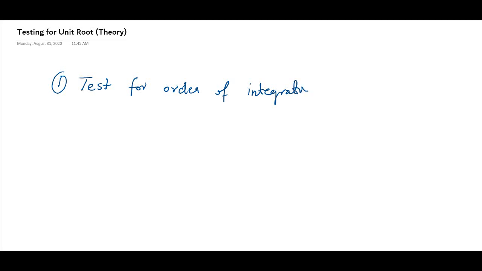When we want to test for the order of integration, we follow basically three steps. Let me call the first one step A. In the first step, we test yt to see if it is stationary, and if it is stationary, then we say that yt is integrated of order 0.